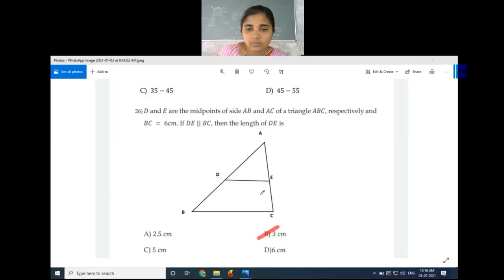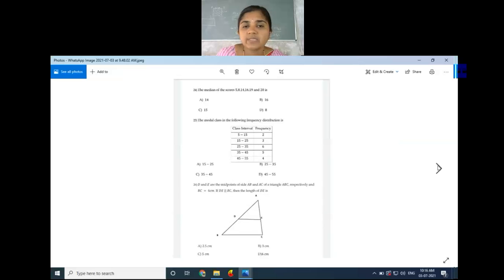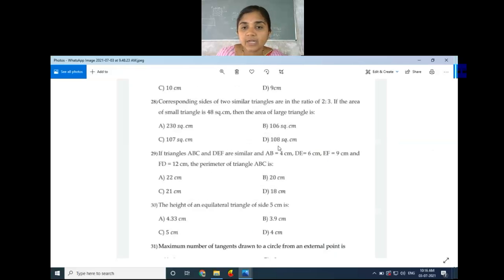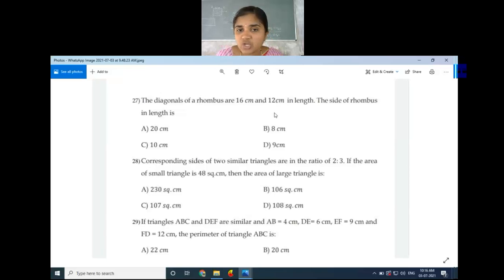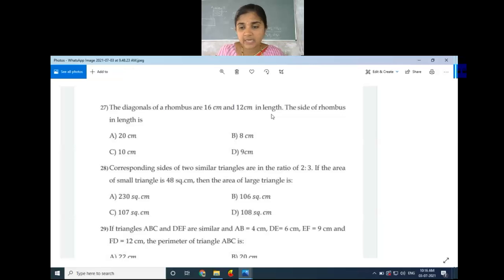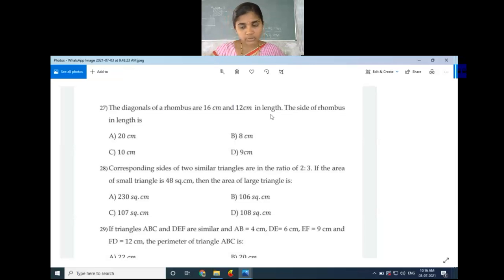Now question number 27. The diagonals of a rhombus are 16 centimeter and 12 centimeter in length. The side of the rhombus in length is. Here the diagonal measurement is given.